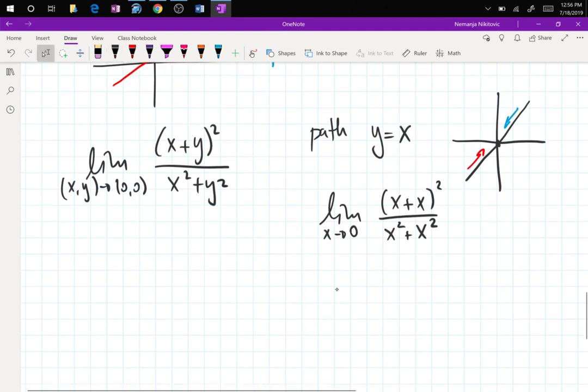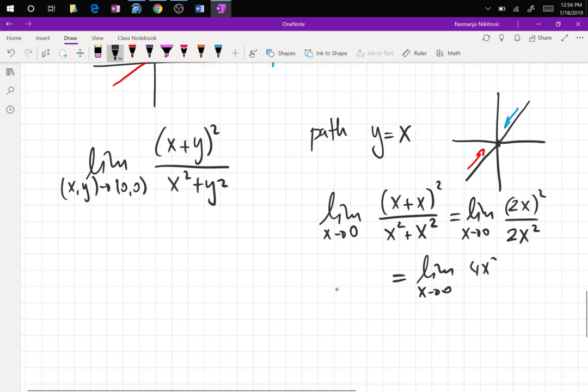So now, this is the limit as x goes to 0 of (2x) squared divided by 2x squared, which is further equal to the limit as x goes to 0 of 4x squared divided by 2x squared, and the limit appears to be 2 as you are walking on the path y equals x. So we calculated that the limit is 2 on the path y equals x.